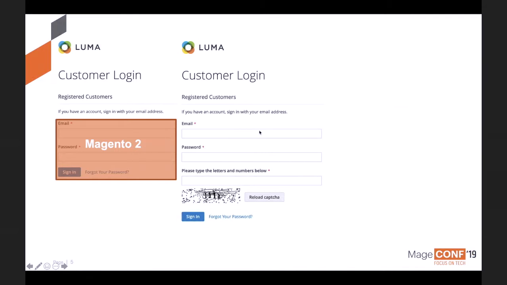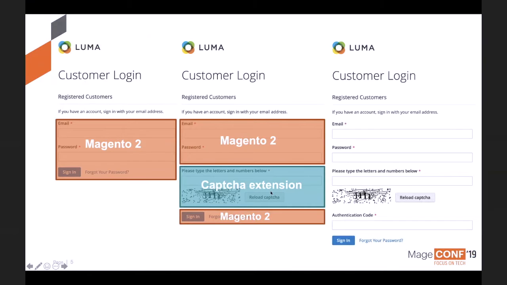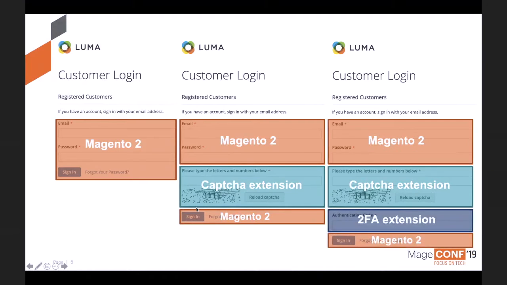Second will be Magento plus CAPTCHA enabled with the CAPTCHA extension. And the third example will be Magento plus the CAPTCHA extension and plus the 2FA extension, when we have multiple extensions enabled on a Magento instance.